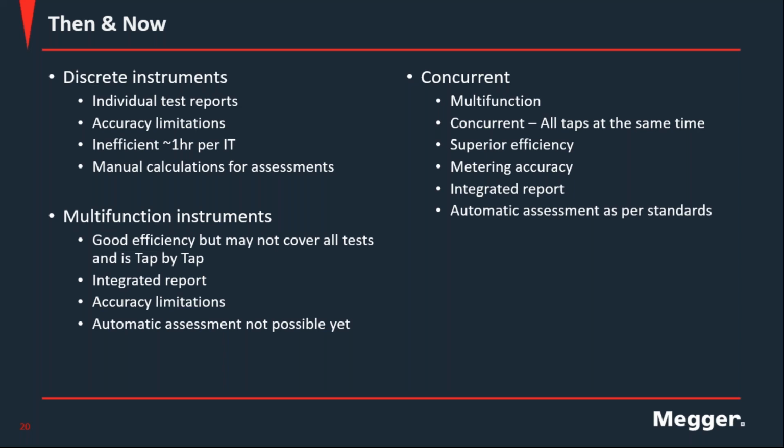You can easily spend 1 hour testing one CT for all the taps because you need to change leads, swap instruments, and open different software. And when you go to test CTs or VTs, you don't have just one. You have many of them, and it will take a lot of time. So it's important to consider an instrument or a tool that can help you expedite the testing.